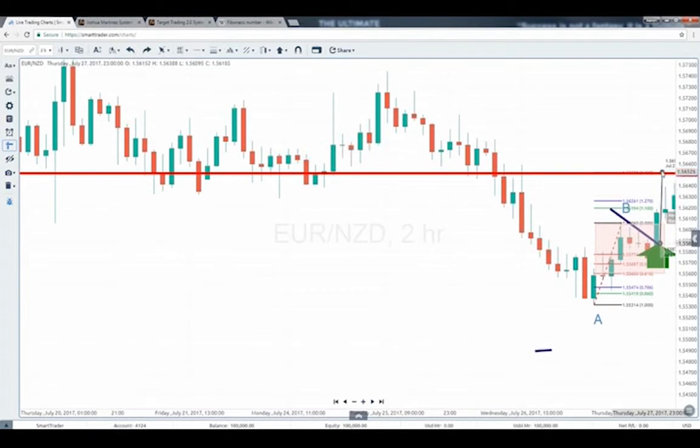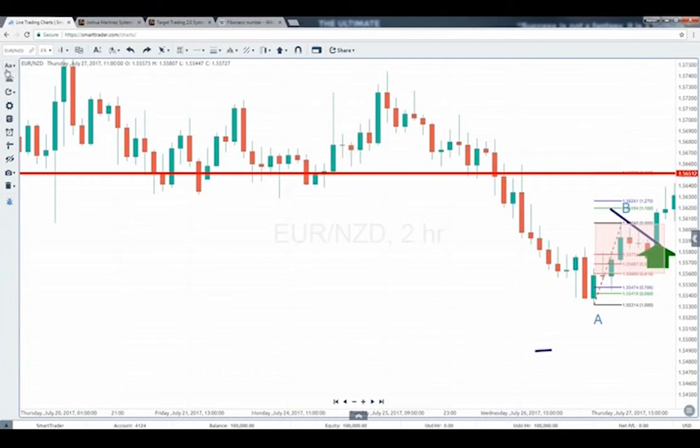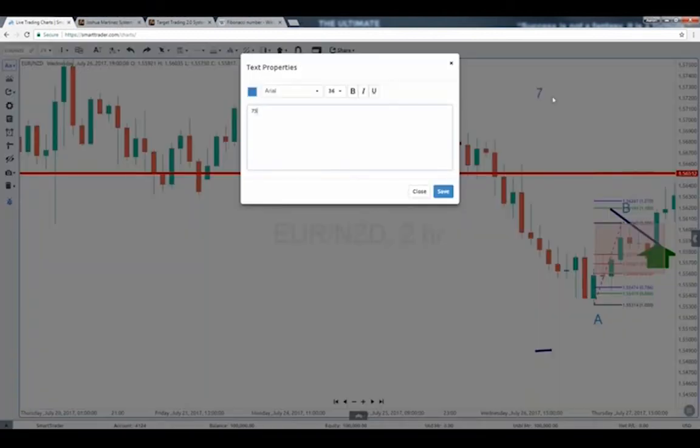That's an opportunity of over 75 pips. That would be what we call our target.